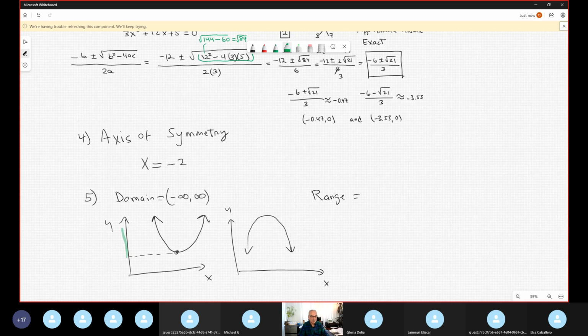Look. We have no y value here, because the parabola ends here. A similar situation happens here. In this case, the range is down, and we have no parabola up. But we have more. In this case, we have a minimum value, and in this case, you have a maximum value.